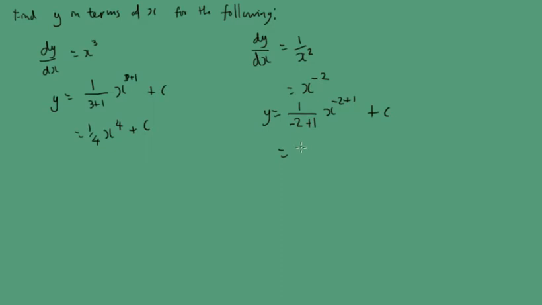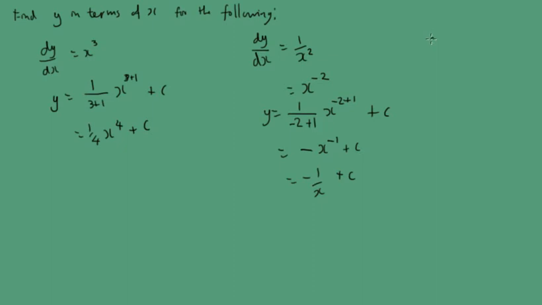So that's going to be minus 1, and 1 divided by minus 1 is going to be minus 1, x to the minus 1 plus c, or write it like this.